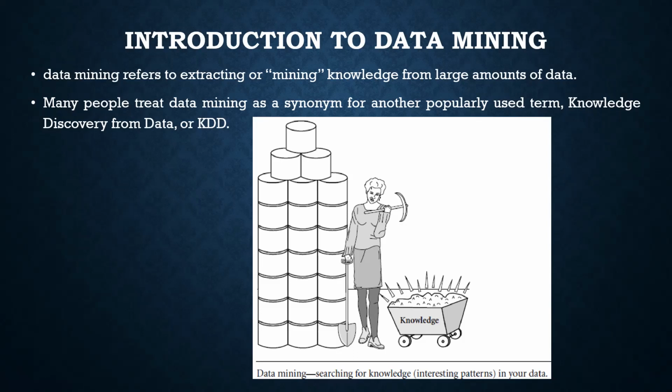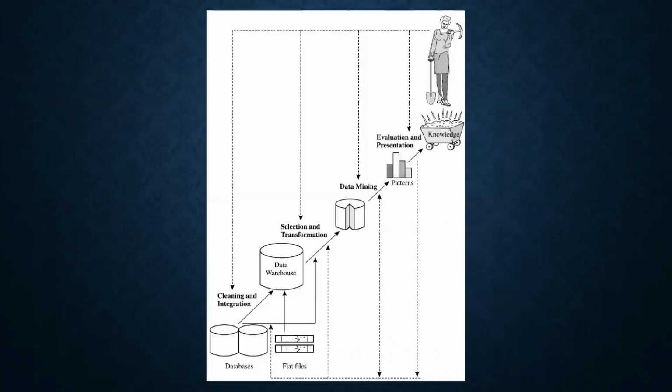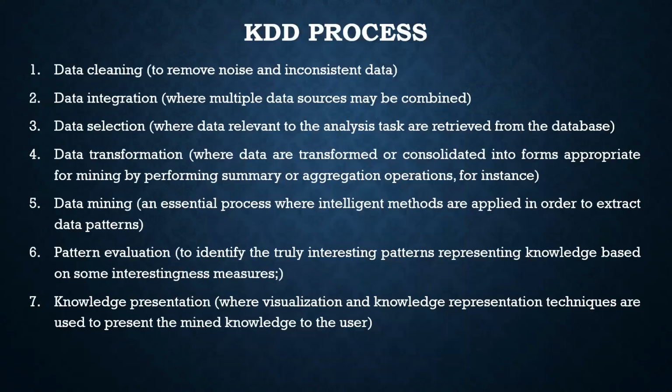We have a 7-step process called the KDD process. This is the basic diagram for the KDD process. We'll have a basic introduction to this KDD process, and we'll stop this lecture here.